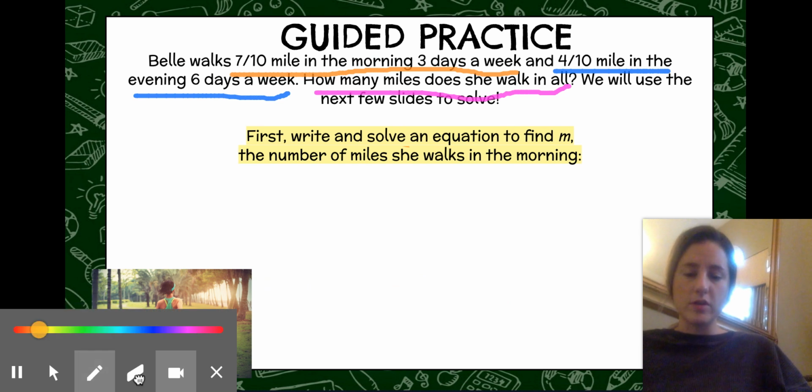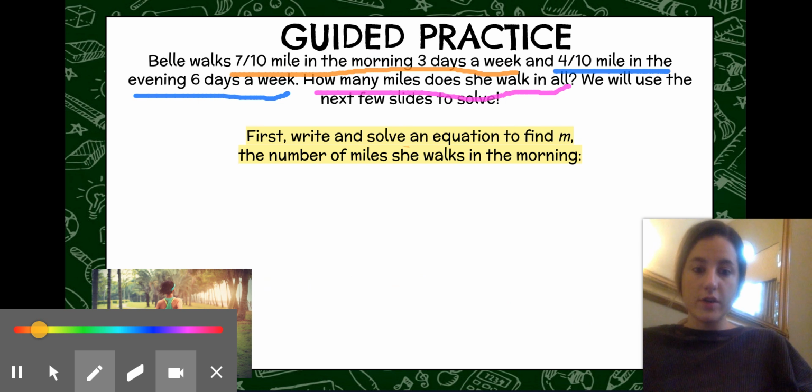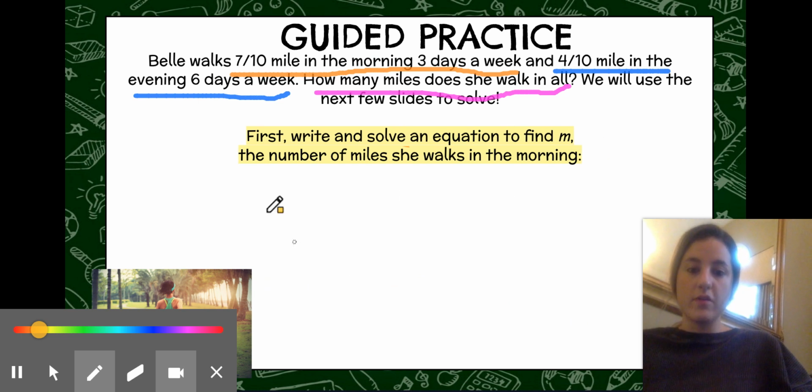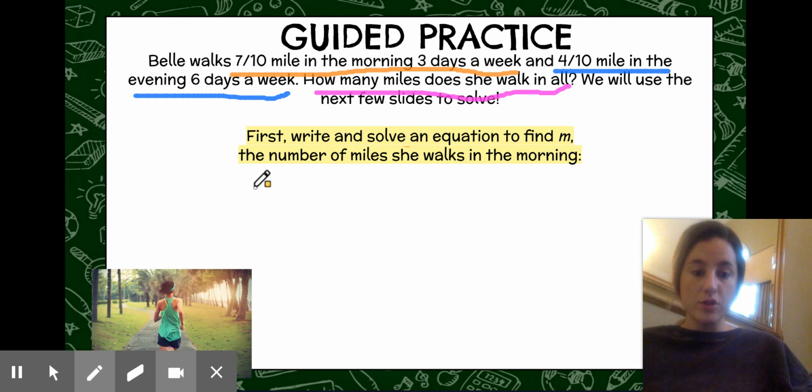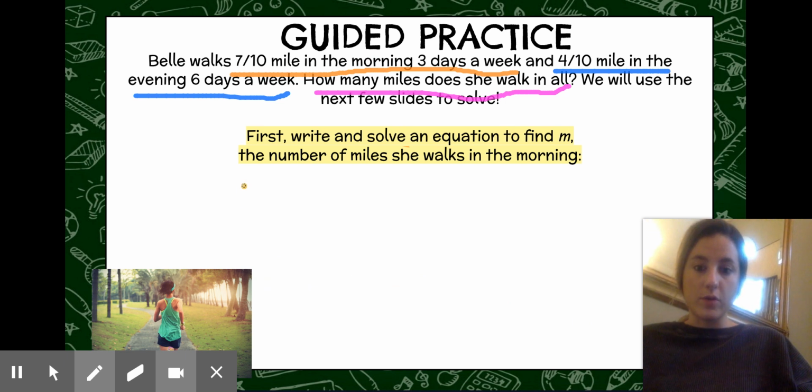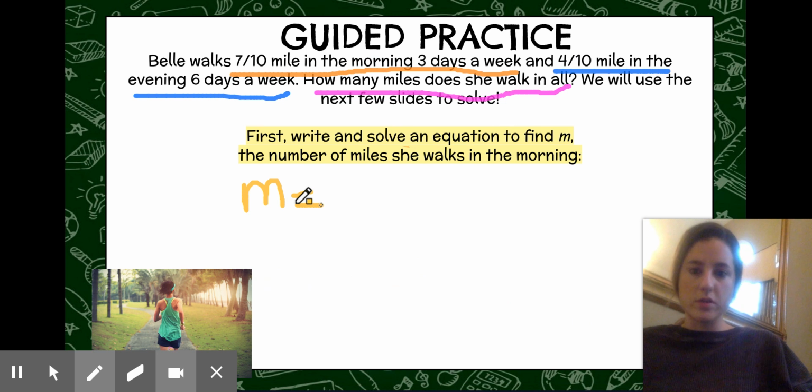Okay, so the first part says, first, write and solve an equation to find M, the number of miles she walks in the morning. So it's asking me to write and solve an equation. So M equals, let's figure out how much she walks in the morning. 7/10 of a mile, 3 days a week. So 3 times 7/10. 7 times 3 is 21 over 10.